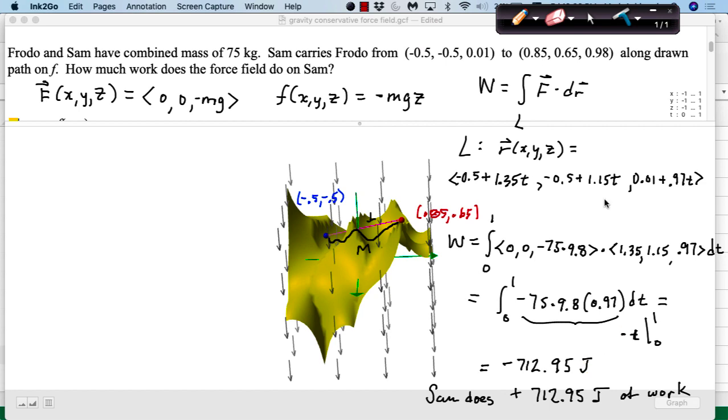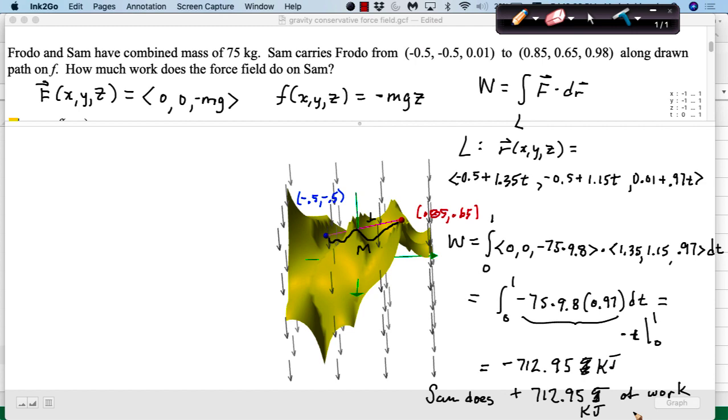So let's just do that. Yeah, that's not nearly enough. Okay, that's better. So these are negative 712.9 kilojoules because those dimensions are in kilometers.